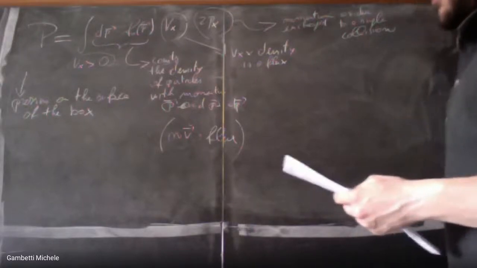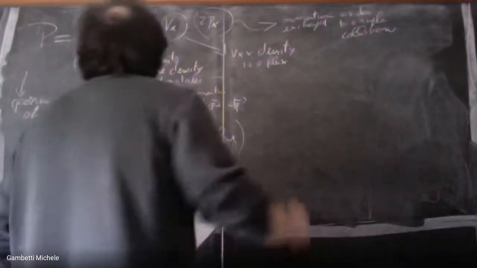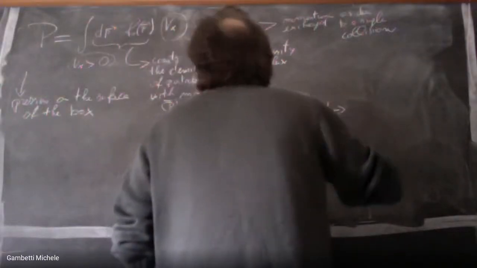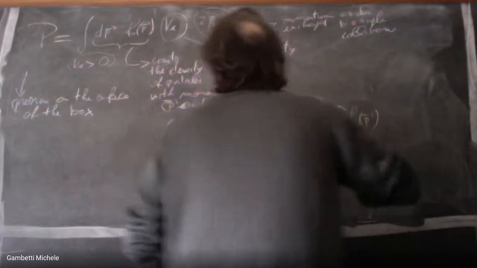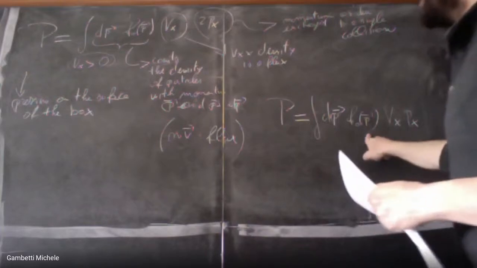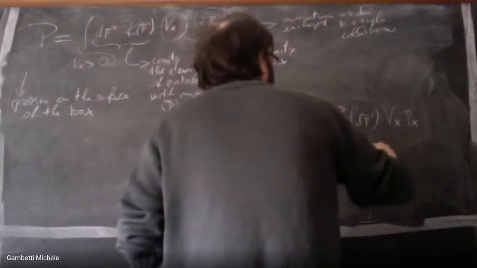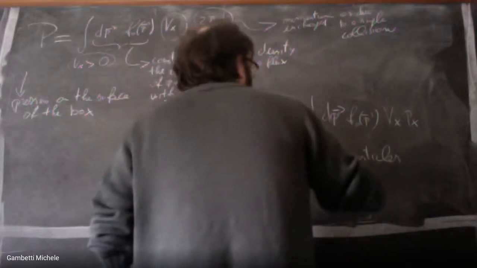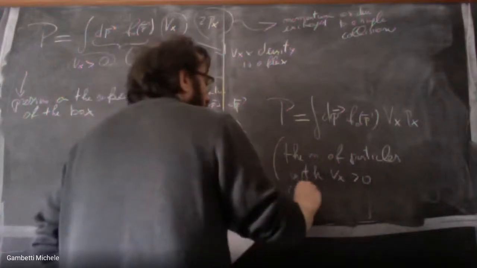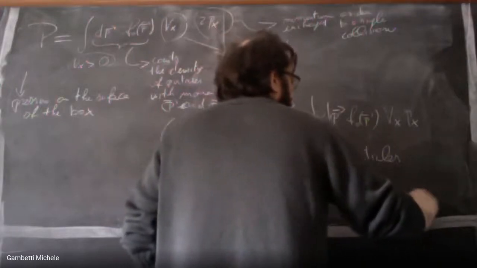And now, okay, the derivation follows by making some reasonable assumption in the sense that I can actually write that P is equal to the integral of dP f0 of P and Vx times Px, where I'm assuming, and it is reasonable, that the number of particles with Vx larger than 0 is equal to the number of particles with Vx negative.